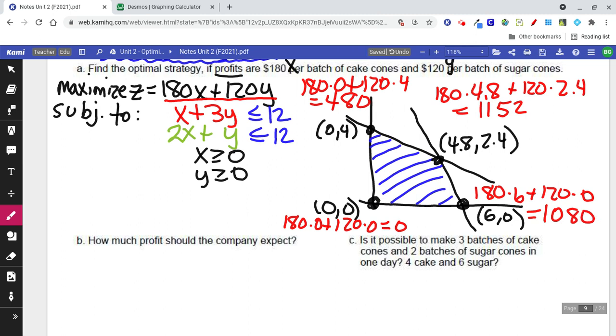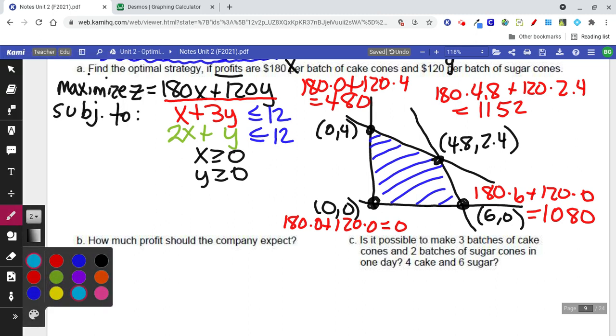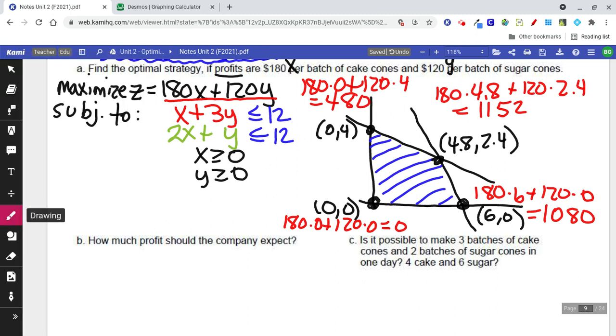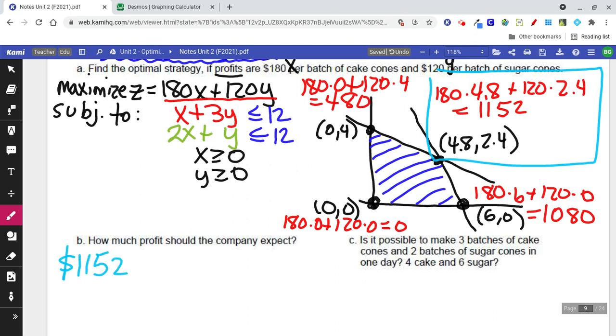So this is kind of a weird question, all right? Obviously, our maximum here is 1152, all right? So obviously this one is the maximum, right? So how much profit should the company expect? I guess 1152, but, okay, but is it even possible to make 4.8 batches of cake cones?